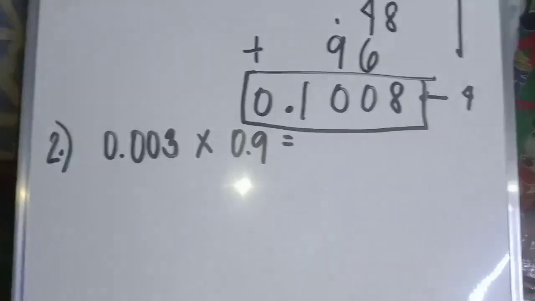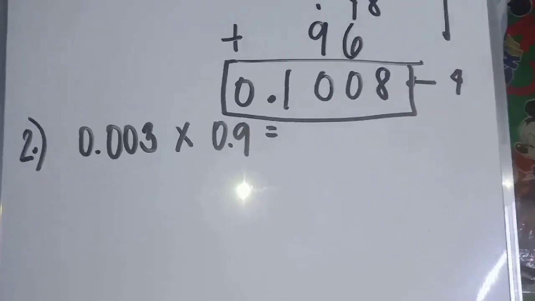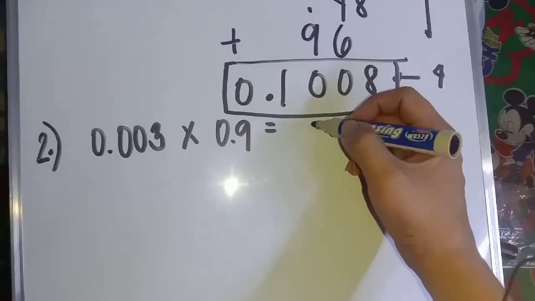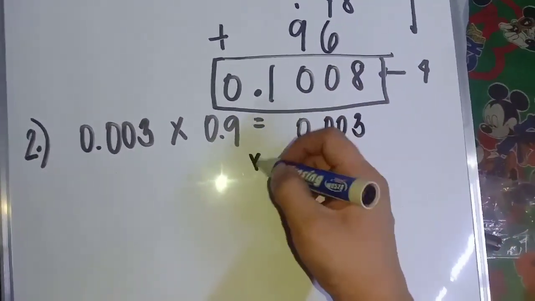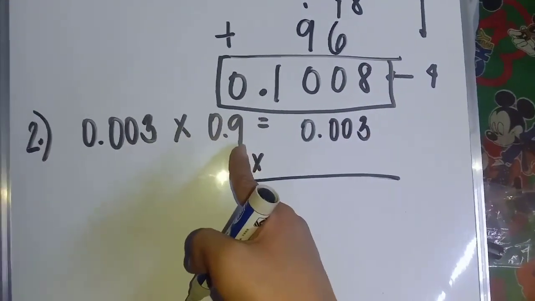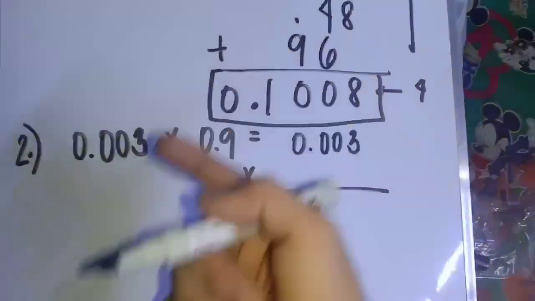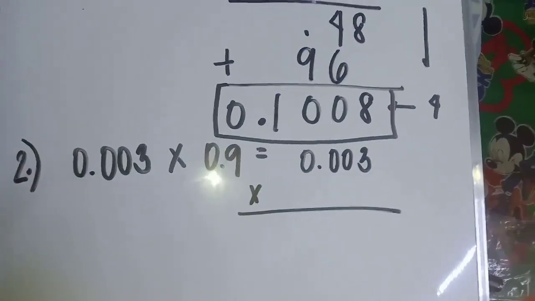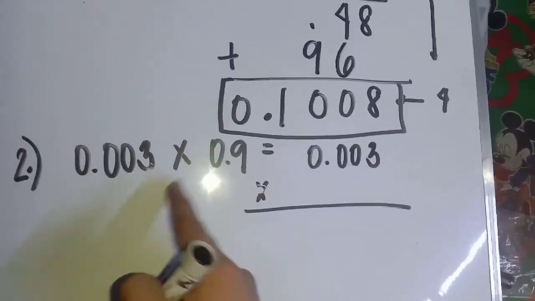Okay, next number, we have 0.003 times 0.9. Yung una natin gagawin is to jot down the first given, that is 0.003, multiplied by yung 0.9. Again, it does not matter kung saan naka-align or nakalagay yung decimal point natin. Yung gagawin natin is to align the last digits of our givens.